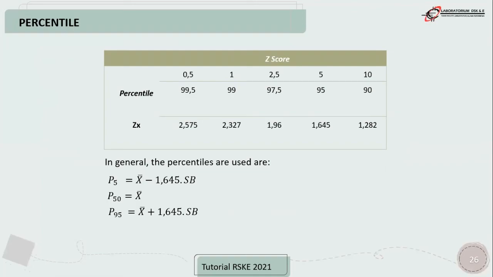In general, the percentiles used are the 5th percentile, the 50th percentile, and the 95th percentile. For P5 and P95, you just adjust the plus and minus. For P50, it is just the average value.